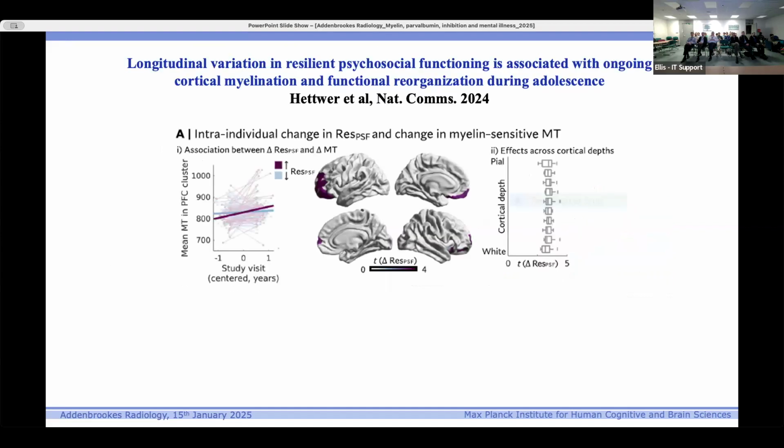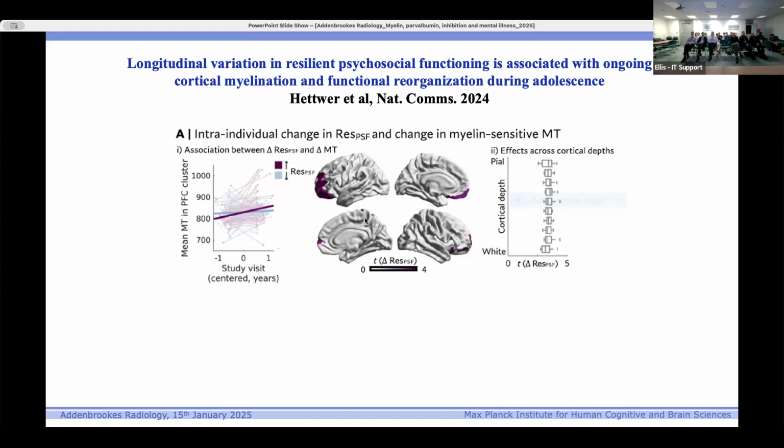And then finally, this is one done more recently here, published in Nature Communications, with Ed Wilmore as one of the co-authors and a lot of others from the imaging neuroscientists here, showing that resilient psychosocial functioning is associated with ongoing cortical myelination and functional reorganization during adolescence.